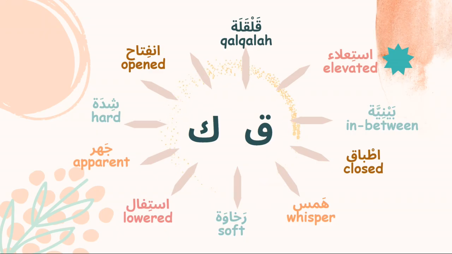Now, are they opened letters? Are they letters of itbaq? We know that the letters of itbaq are the four looking alike letters, the ta, dha, dad, sad. These are itbaq, and the opposite are infitah, opened letters.